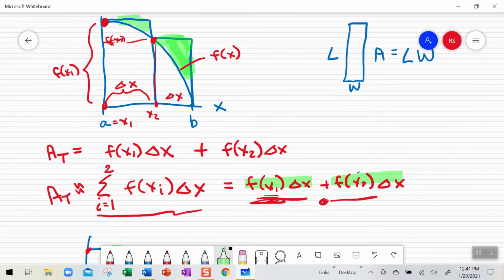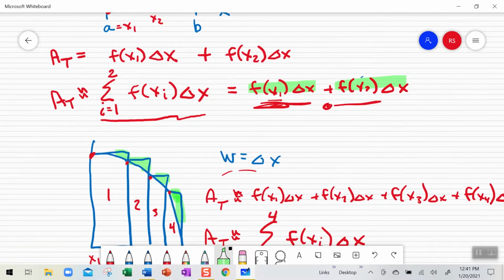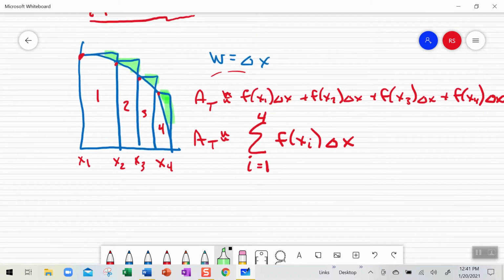I would say that the green area up here is greater than the green area that we have in this second example. So we're going to get a closer approximation to the actual area under the curve, but we're not going to get the exact area under the curve.